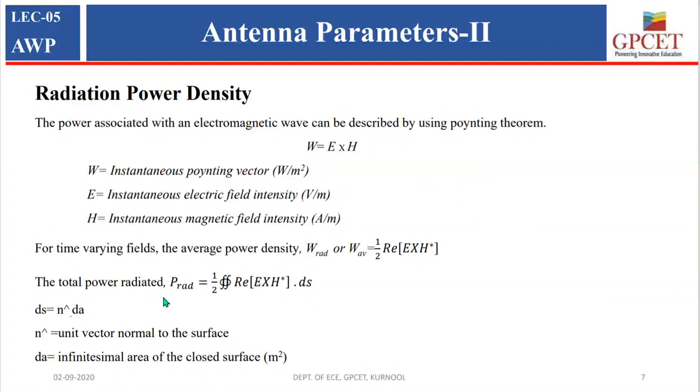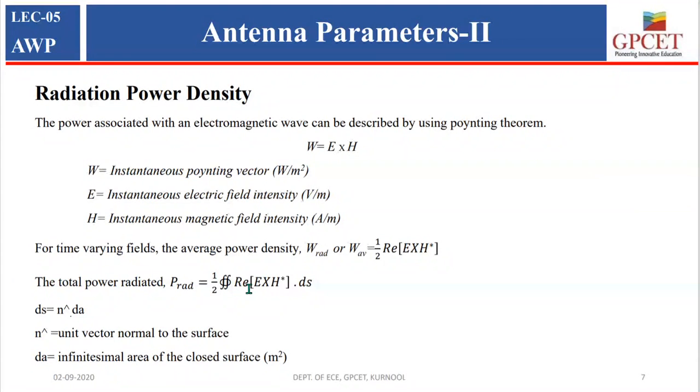So radiation power density will give you the power density value or average power value at a point in the space due to the time varying fields. If you want to know the total power, you must integrate this density value over a closed surface.